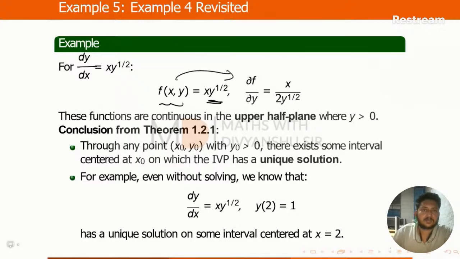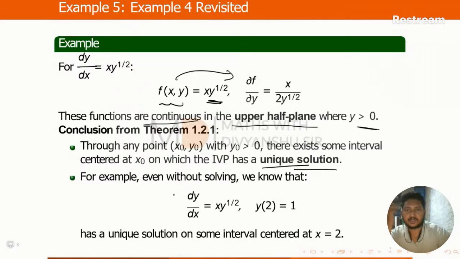Now their derivative portion is nothing but x upon 2 y to the power 1/2. So how does this function behave? These functions are continuous in the upper half plane where y is greater than 0, and the conclusion of the given theorem is that the solution behaves like a unique solution.